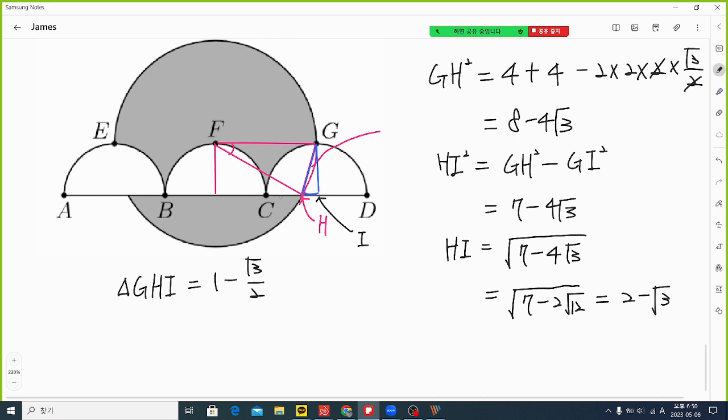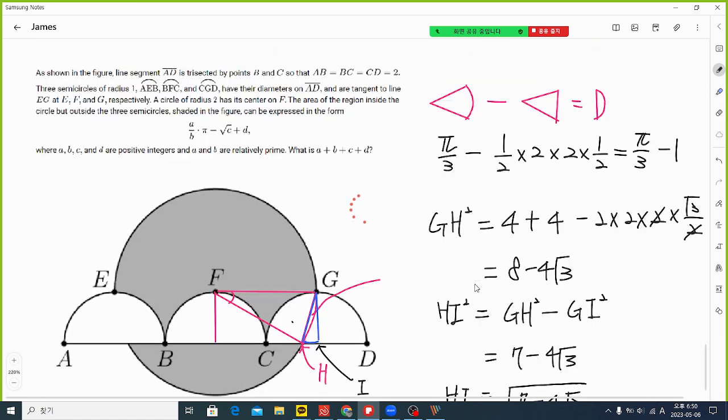So if we want to find this part, we are going to subtract this area from the quarter circle. That is, quarter circle area is pi over 4 minus this triangle.